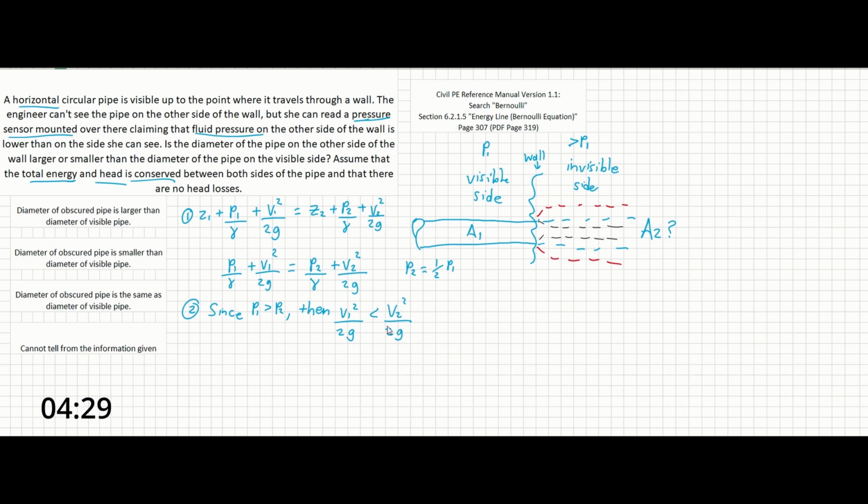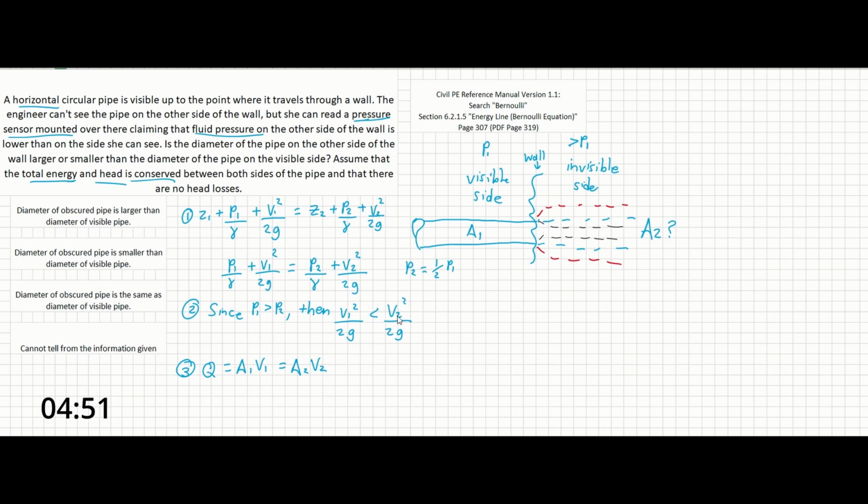And to take this logic one step further, let's take our Q, which is going to be constant through the pipe, equals A1 times V1 equals A2 times V2.